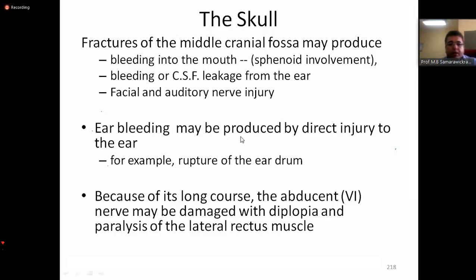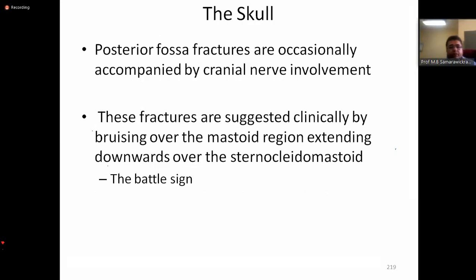Right. So ear bleeding may be produced by direct injury to the ear also, or by a ruptured eardrum. Right. So the abducens nerve may be damaged, with diplopia and paralysis of the lateral rectus muscle, in middle cranial fossa fracture.